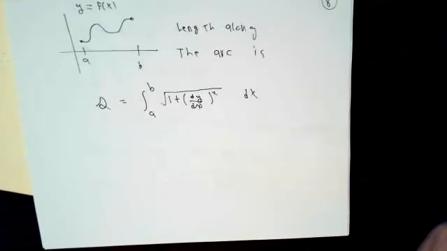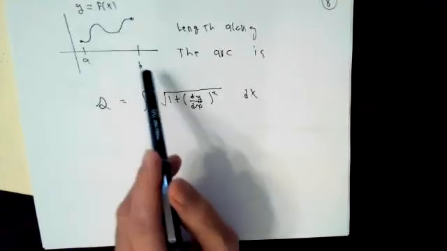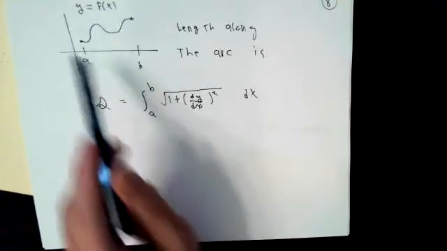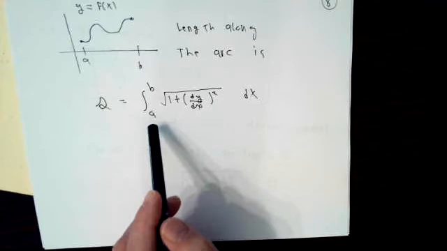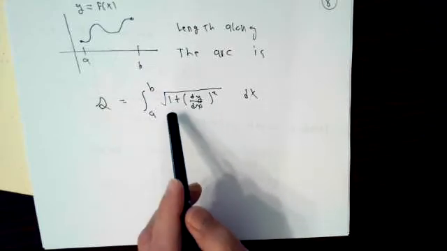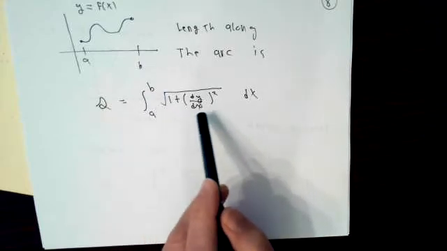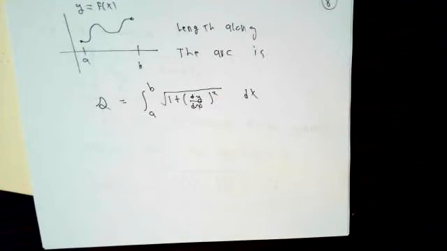The conclusion that we draw from this is if I start at x equal a, end at x equal b, and travel along the curve y equals f of x, then the distance that we've traveled along the curve, the arc length as we're going to call it, is the integral from a to b of radical 1 plus the square of dy/dx, integrated with respect to x.